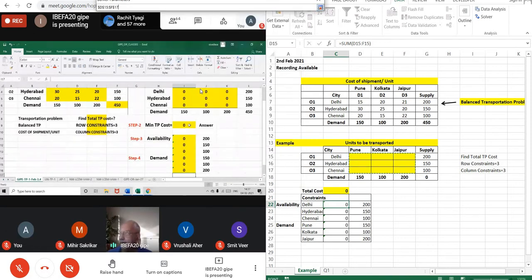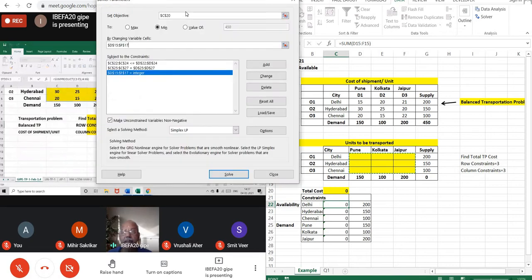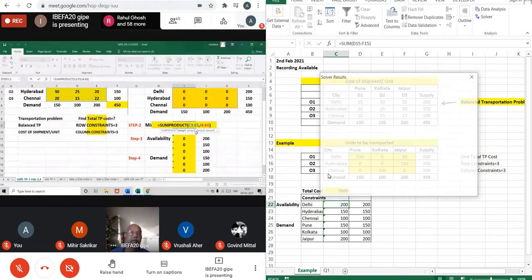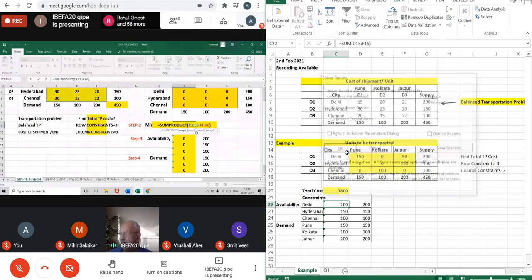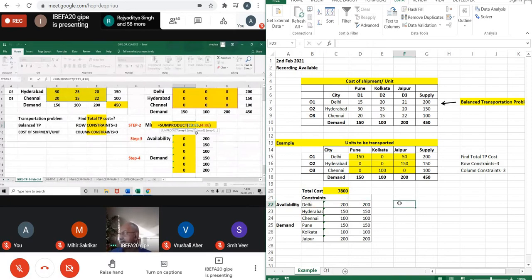Minimum total transportation cost will be the matrix product of the C3 to E5 cost matrix multiplied by the allocation matrix I4 to K6 in my sheet.